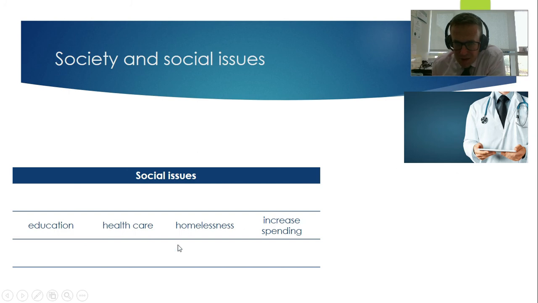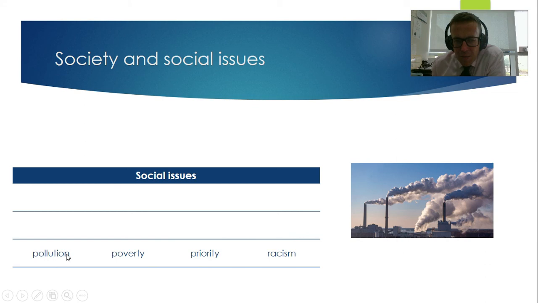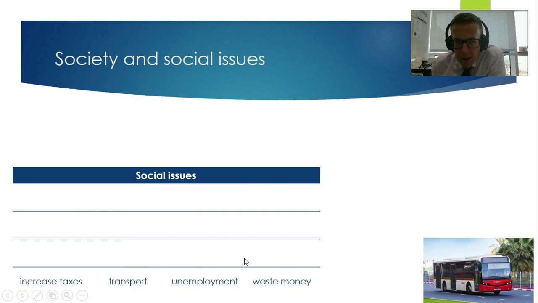Our hospitals is healthcare. Homelessness, difficult to say, homelessness, increased spending. Pollution, which is in the picture here. Poverty, priority, and racism. And then at the bottom, increased taxes.